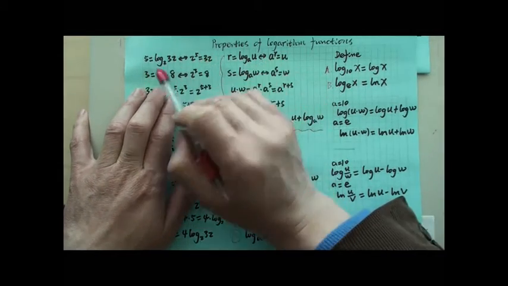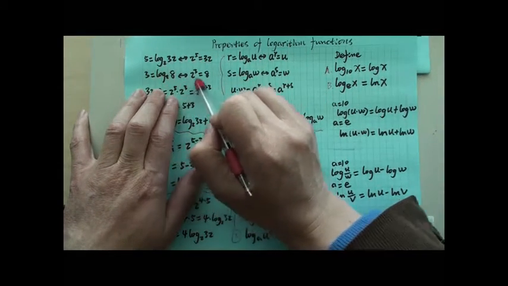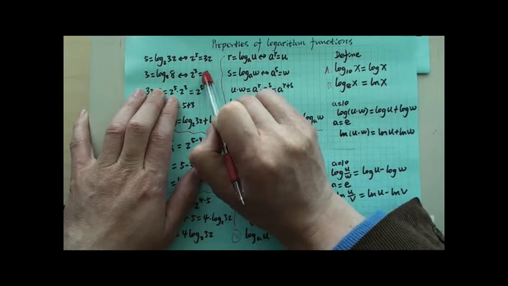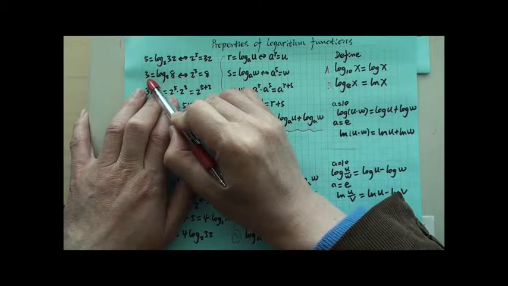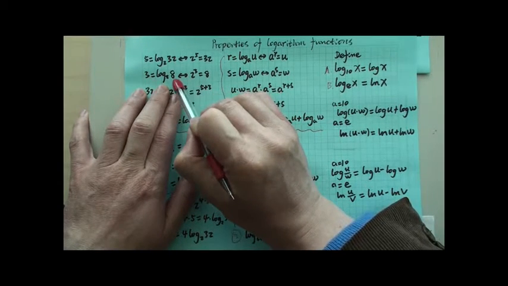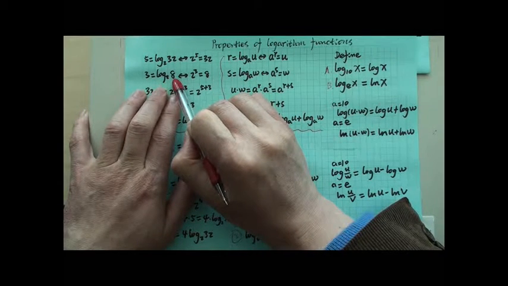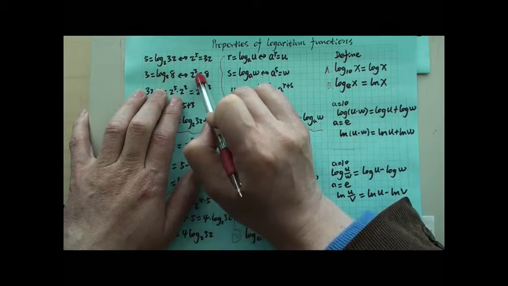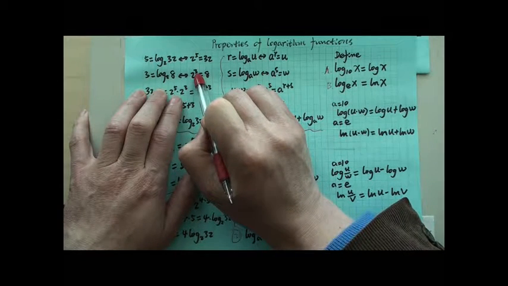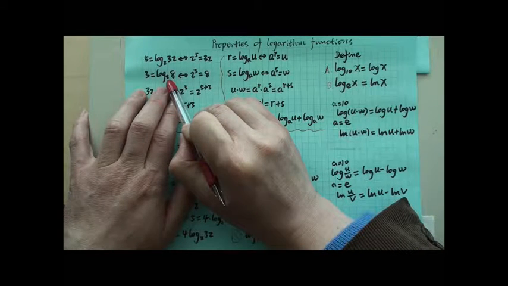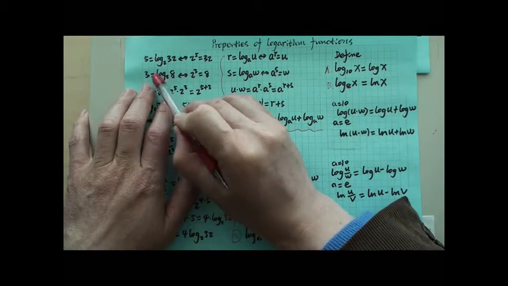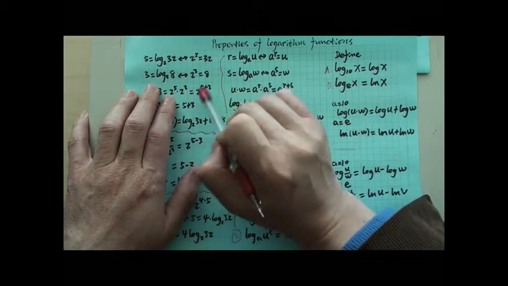Okay. Similarly, we know 2 cubed is 8, so 3 can be expressed as 3 equals log base 2 to the 8. Remember, logarithm is always to find out the exponent. Okay, exponent of this base 2 to the 3 equals 8, like that.